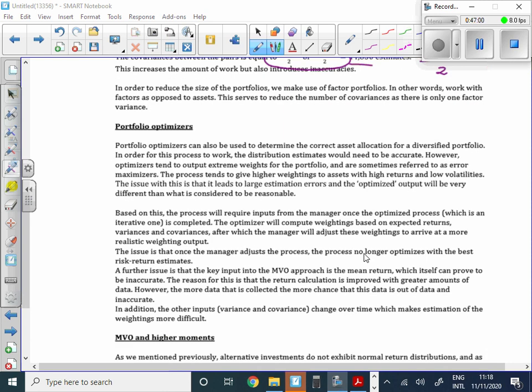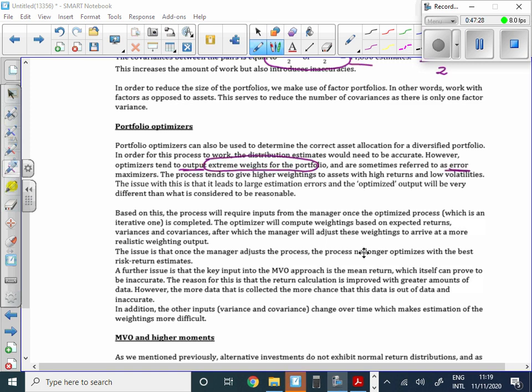We talk about portfolio optimizers. These determine the correct allocation for a diversified portfolio. The problem sometimes when we work with models like mean variance optimization is that the output from these optimizers often gives me extreme weights for the portfolio.